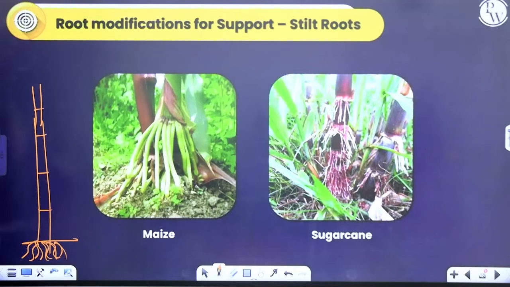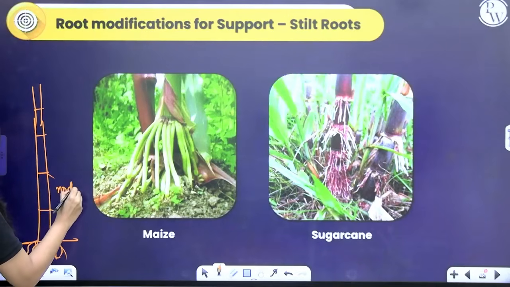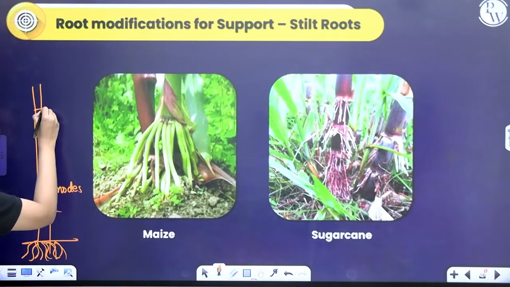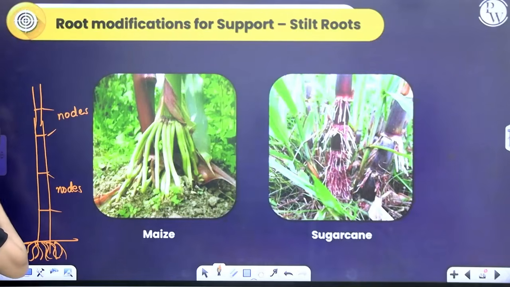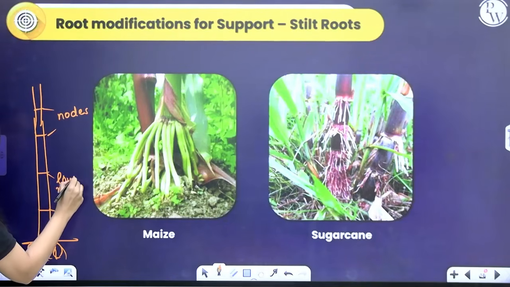In order to prevent that from happening, in order to have extra support, especially the stem region, we call the regions on the stem from which the leaves arise, we call these nodes. Okay, so all of these joint-like things that you see in sugarcane and maize, these are called the nodes. Especially from the lower nodes closer to the soil, roots will start arising.